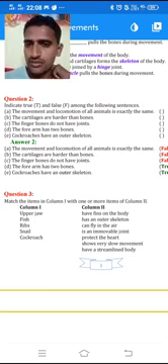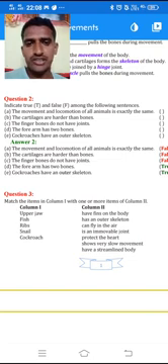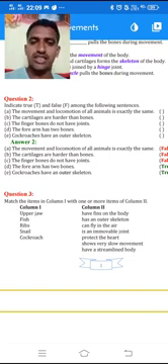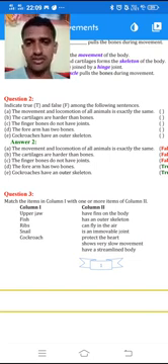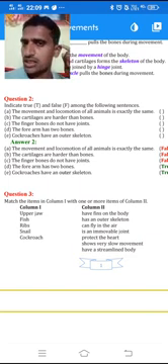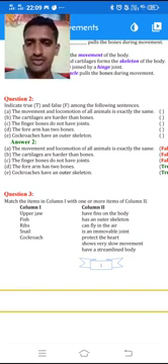Next question: the cartilages are harder than bones. It's false. Bones are the hardest substances in our body, whereas cartilages are very smooth parts. The tip of our nose and our earlobes are made of cartilage, which is smoother, whereas bones are harder.